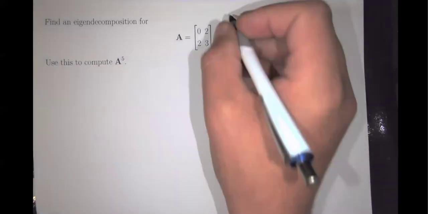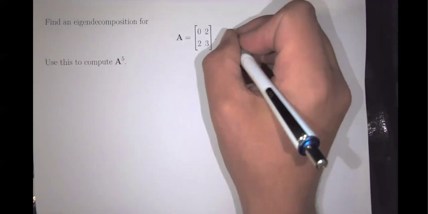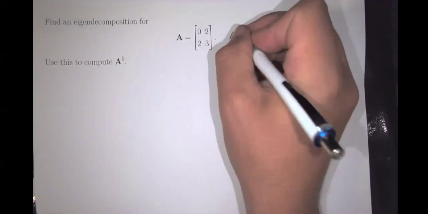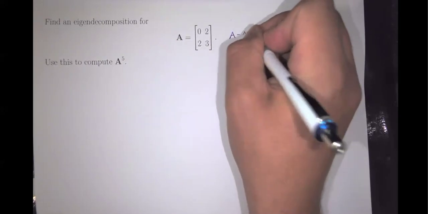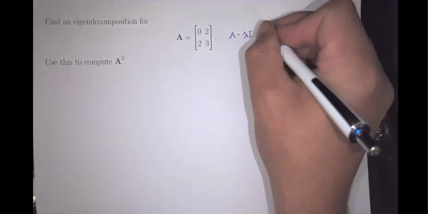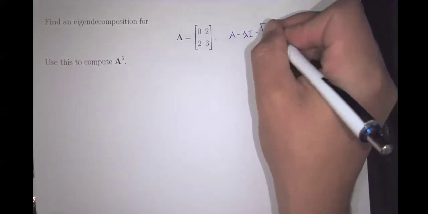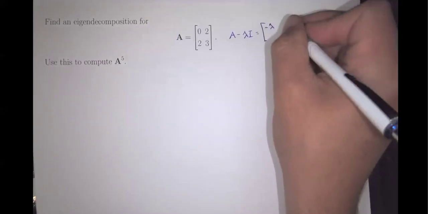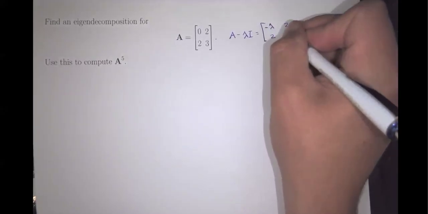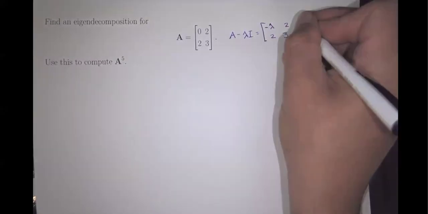In this example, we're going to compute A to the power of 5. First, we need to find the eigenvalues for the eigendecomposition. So A minus lambda I here is going to be 0 minus lambda, which is negative lambda, then 2, then 2, then 3 minus lambda.